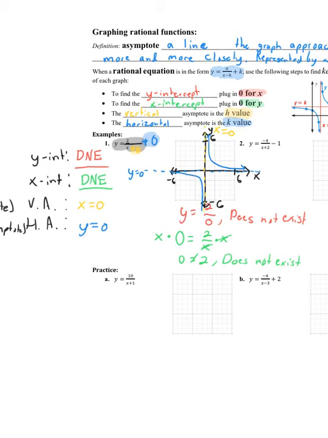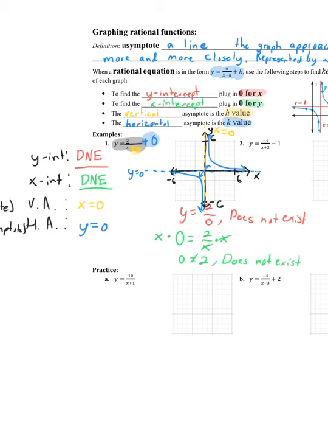Rational functions are always going to be in two quadrants where they're going to be opposite of each other. So you're going to have one on the top left of the graph and one that's on the bottom right of the graph. That could switch, and I'll show you other examples where we could see it switch which quadrants they're in, but they're always going to be diagonally opposite of each other like this. So since one was on the top right, one's going to be on the bottom left.